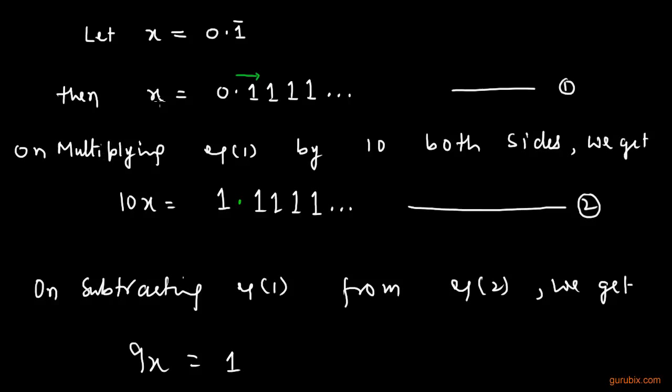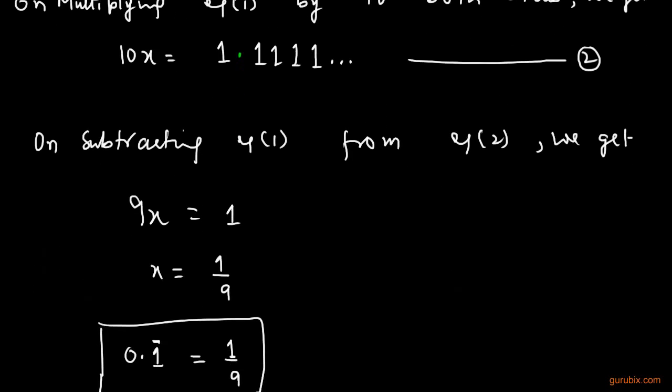Now we shall multiply both sides of equation 1 by 10. If we multiply x, we get 10x. If we multiply this number, the decimal point will move one place to the right, so we can write it as 1.111 dot dot dot, and let this be equation number 2.